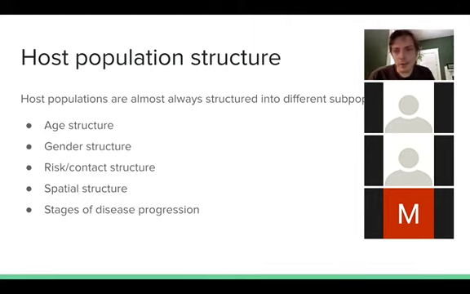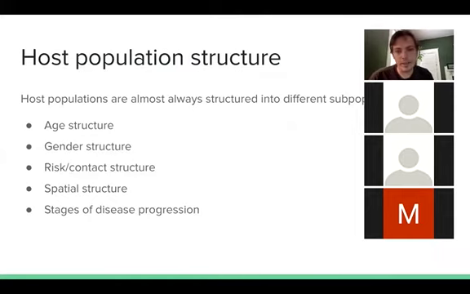For animal and plant infectious diseases, host populations are often strongly structured by spatial factors, such as the organization of different farms or fields across a given landscape. And even for human populations, where there's generally a high degree of mobility, there can still be spatial or geographic structure between different cities or between different countries.